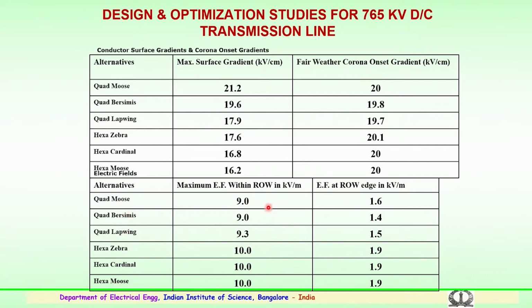So, for Moose with 4 conductors it is 9 kV per meter, in case of Bersimis again it is 9, Lapwing it is 9.3, the hexagonal Zebra it is 10 kV per meter, and further Cardinal and Moose have also given similar values of 10.